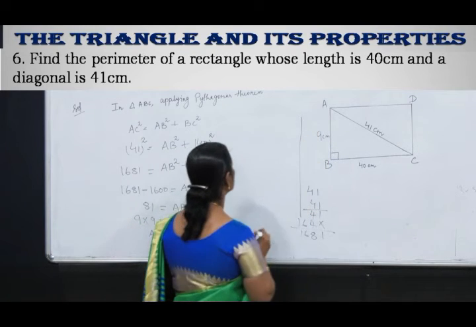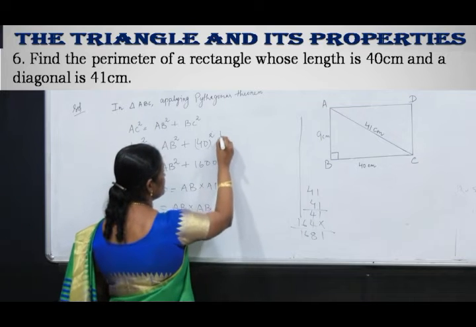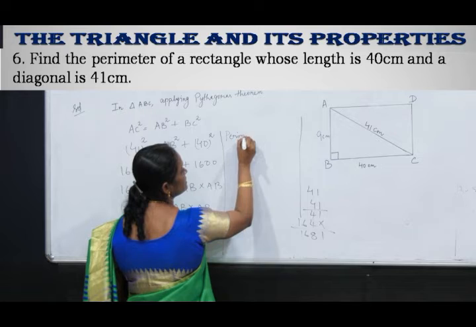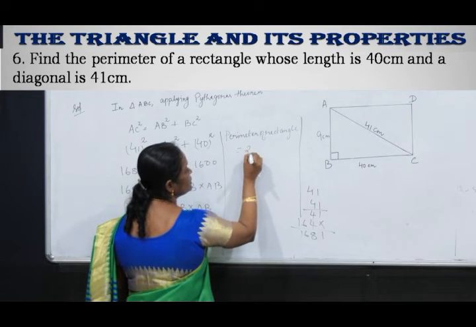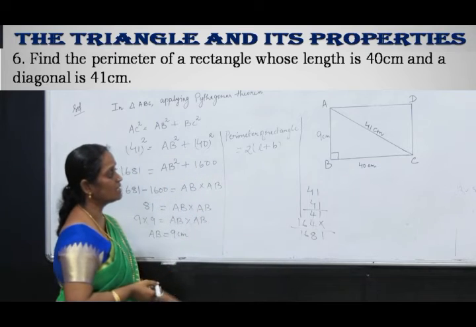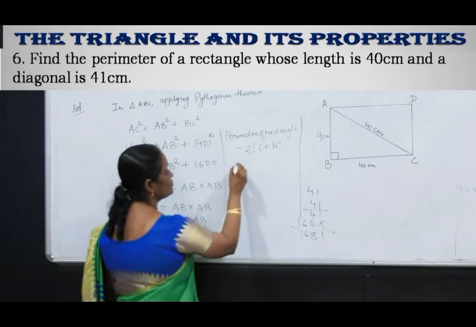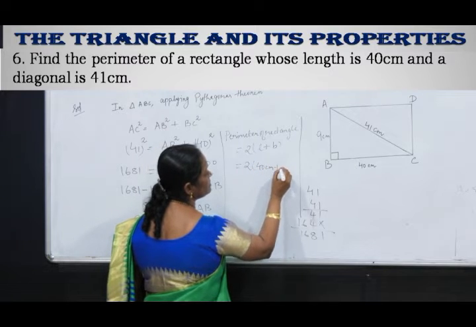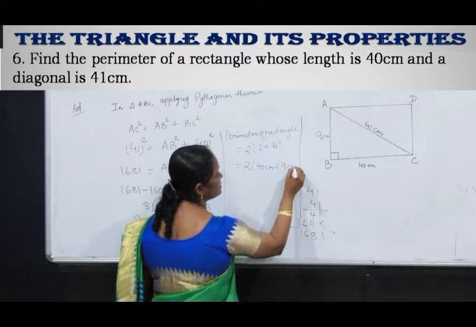Now students, what is the perimeter of a rectangle? Perimeter of a rectangle is equal to 2 into length plus breadth. So here the length and breadth are given. So 2 into length, 40 centimeter, plus the breadth, 9 centimeter.